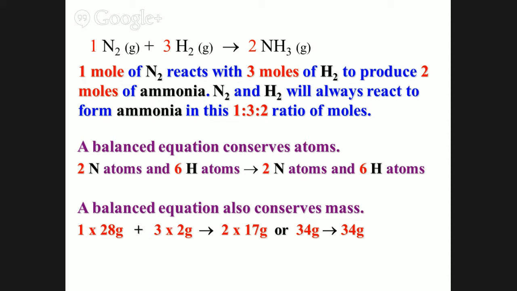That 2 in front of the NH3 makes sure there are 2 nitrogens on the right. So there's 2 on the left, 2 on the right. Likewise, the 3 in front of the H2 gives us 6 hydrogen atoms on the left. The 2 in front of the NH3 also gives us 6 hydrogen atoms on the right. The only difference is things have been rearranged, but every atom is accounted for.